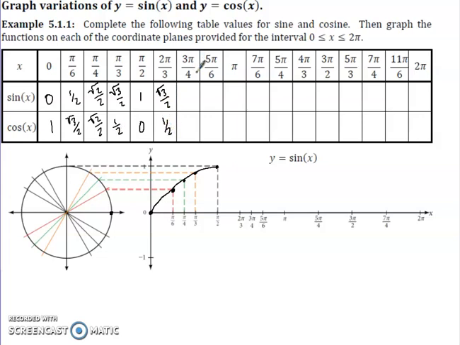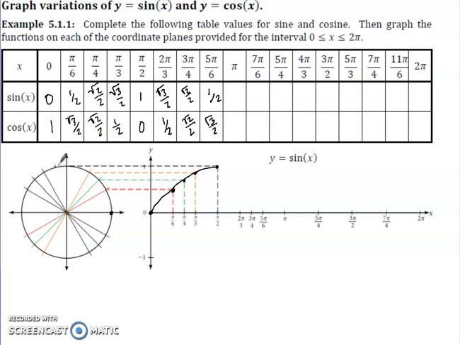At 3 pi/4, I would have a reflection of my pi/4, so square root 2/2 for both x and y. And at 5 pi/6, I would have a reflection of my pi/6, which would be a 1/2 for sine and a square root 3/2 for cosine.